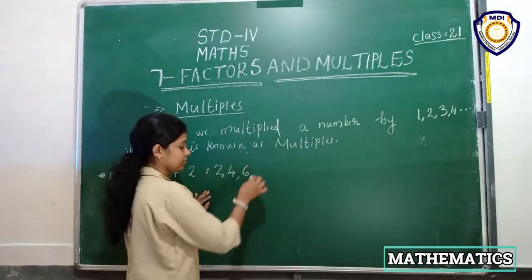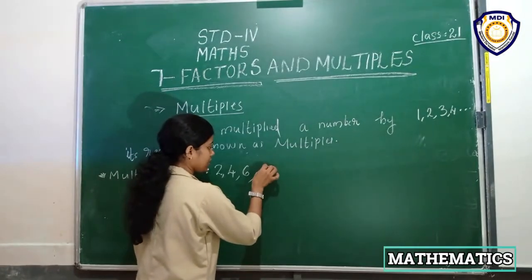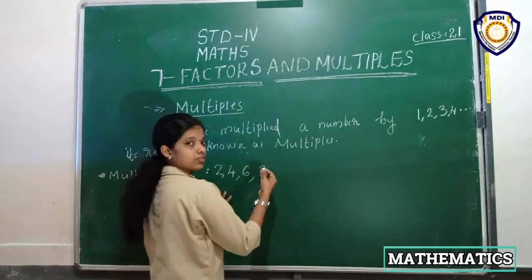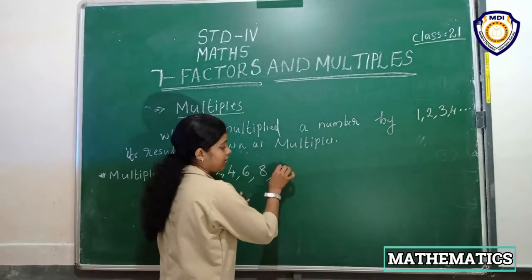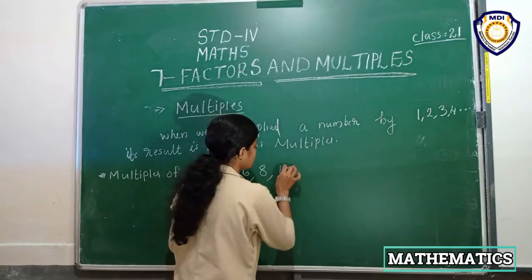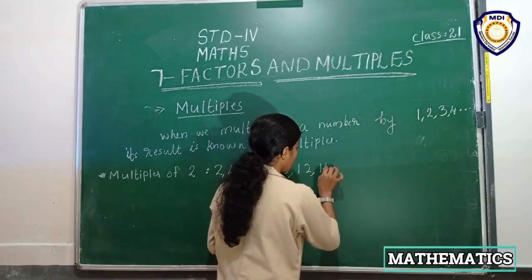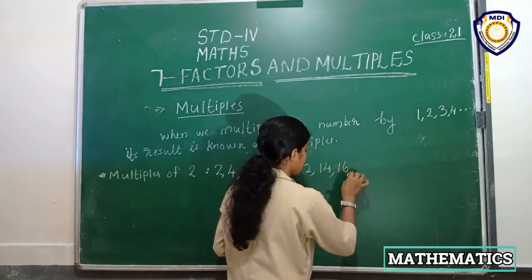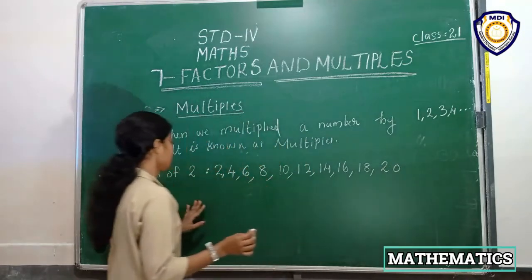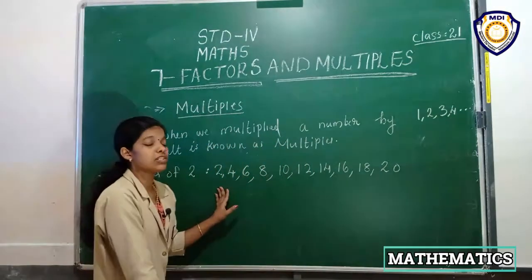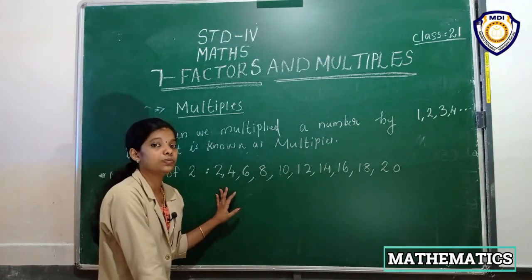Next, 4 twos are 8, 5 twos are 10. Then 12, 14, 16, 18 and 20. This is the first 10 multiples of 2.